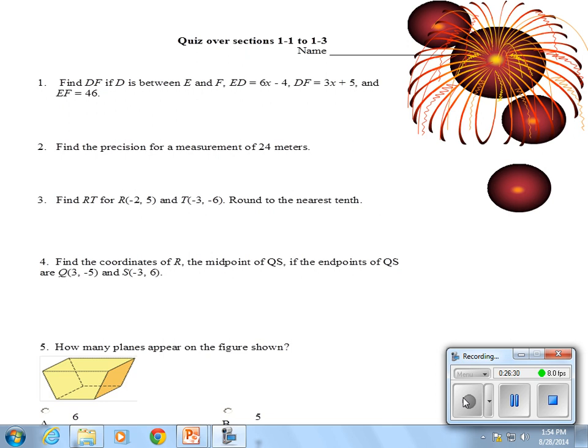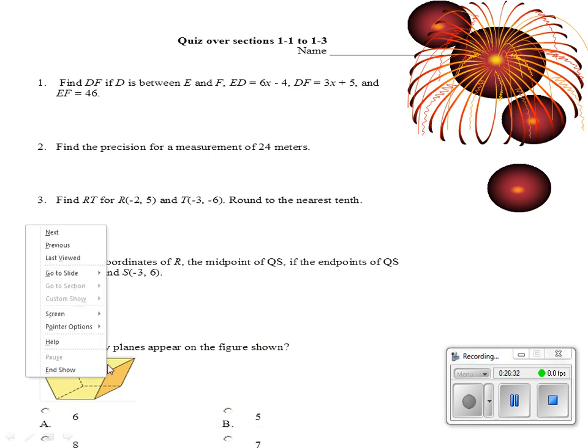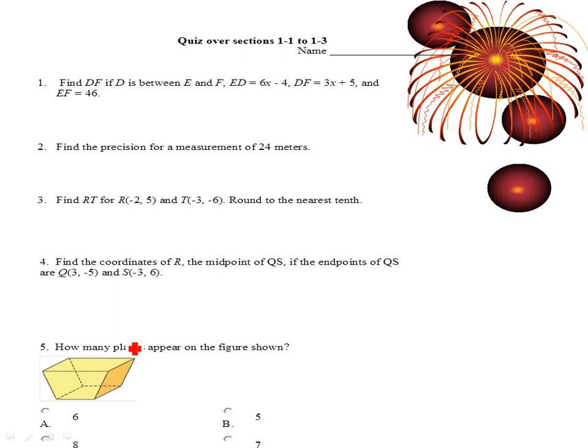We're going to draw this segment. Everybody see that red? What points go on the end of the segment? E and F. EF. And we know D is between those two, so D's in here somewhere. They tell us that ED is 6x minus 4, so I label that from here to there.